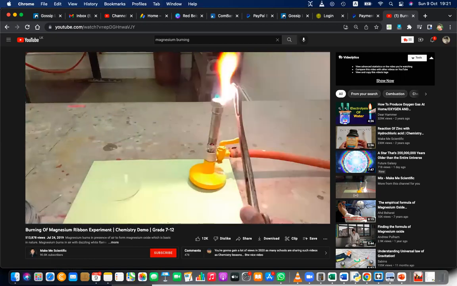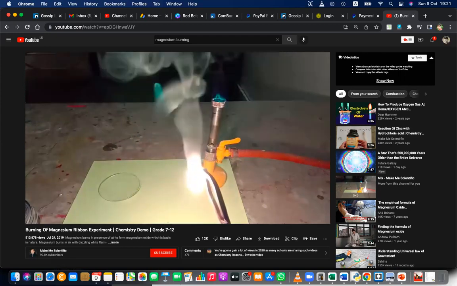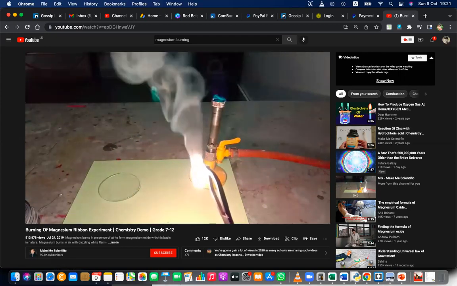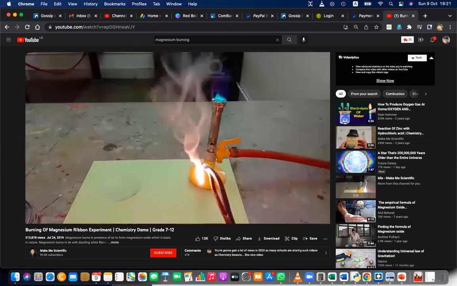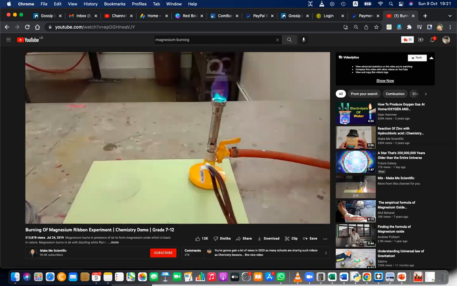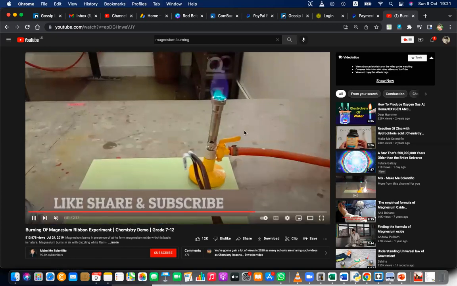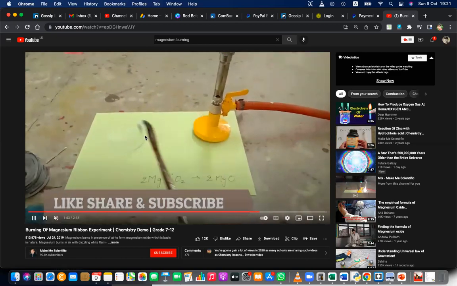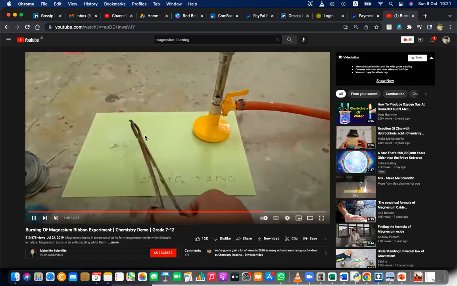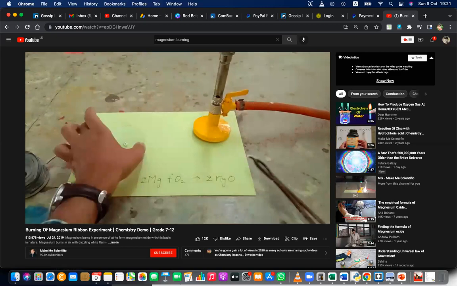Okay, it burns. See, it's really, really bright, right? And after burning, this is what remains. You can keep it in a Petri dish.